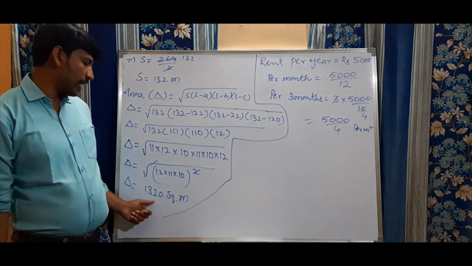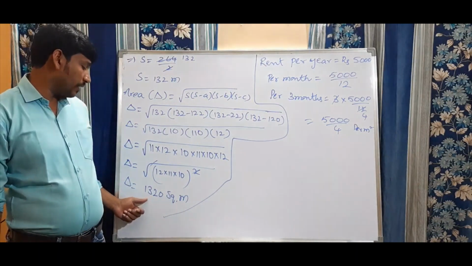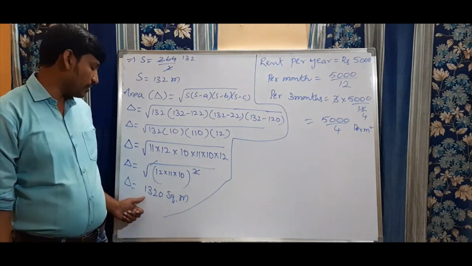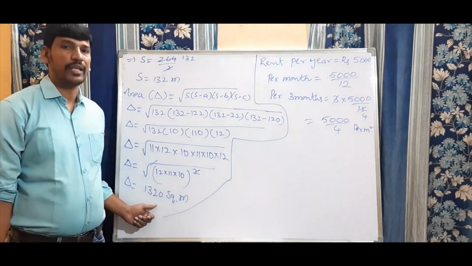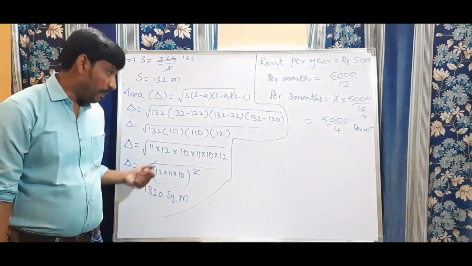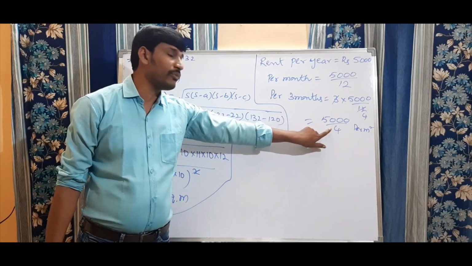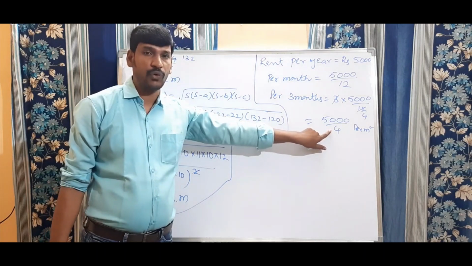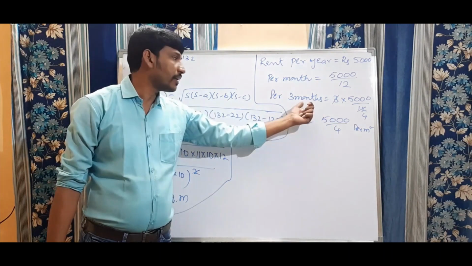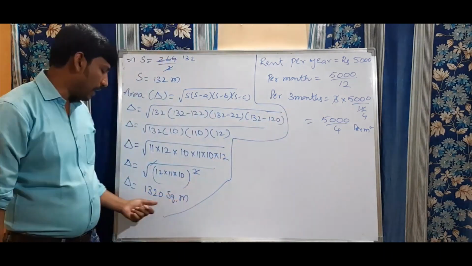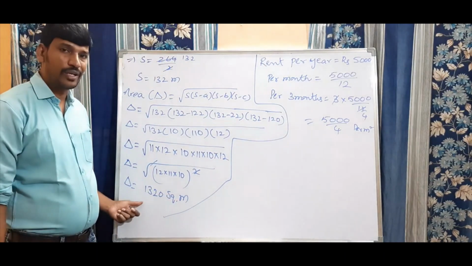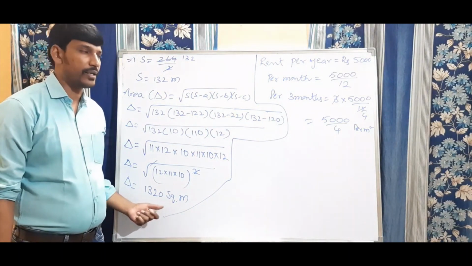But here how much area did we get? 1,320 square meters. Per 1 meter square, they are earning rupees 5,000 by 4 per 3 months. Here we got area 1,320 square meters.